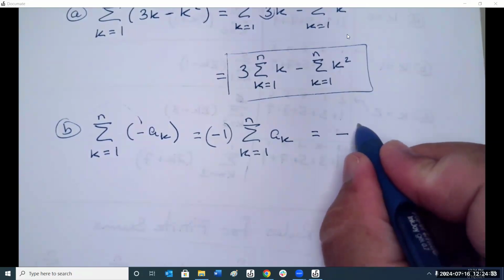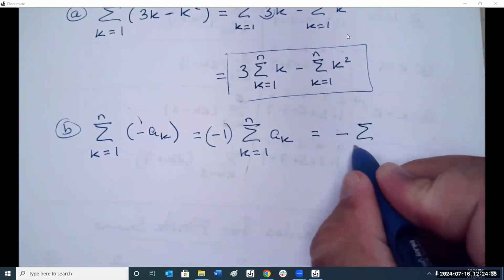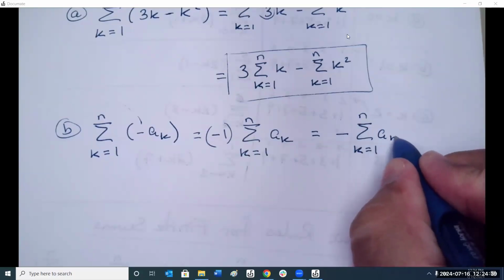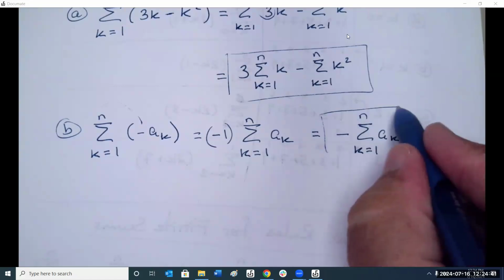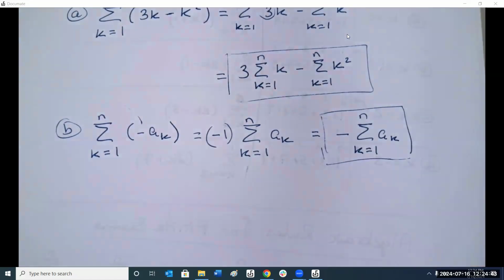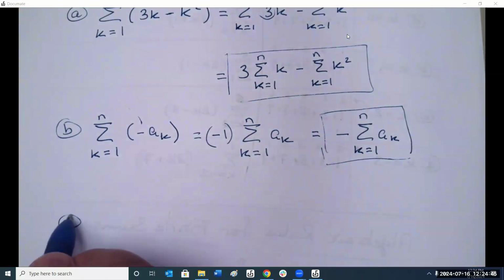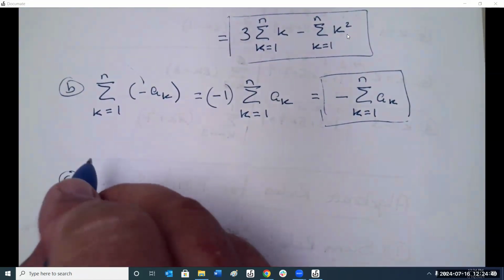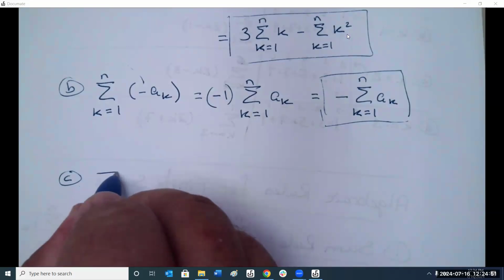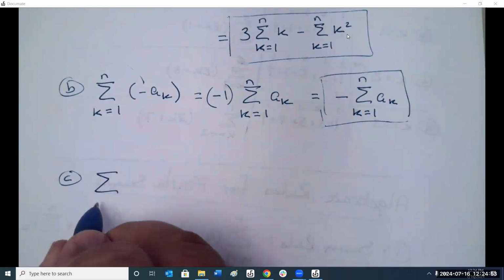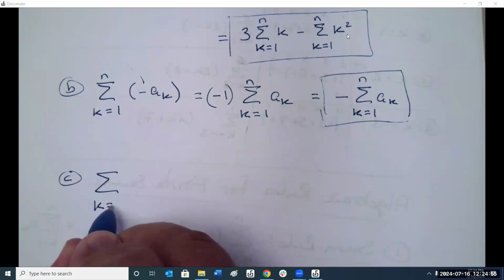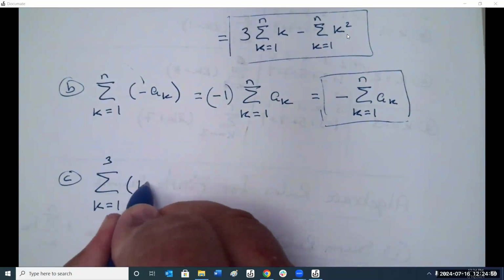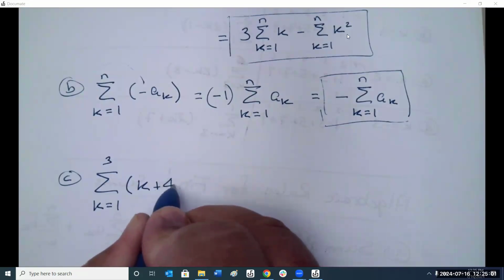So that equals negative the summation of a sub k. Next, the summation of k goes from 1 to 3 of k plus 4.